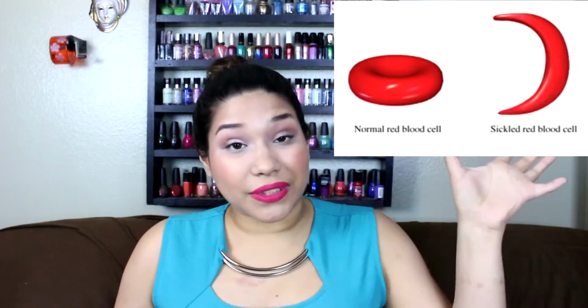Sickle cell disease is a disorder that causes the red blood cells to become misshapen or to break down, meaning that the sickle cells are in the shape of a sickle or a crescent moon. I will try to insert a picture of a sickle cell compared to a normal red blood cell. These sickle cells are shaped like a crescent moon and will cling to each other and cause blockages. Those blockages are what cause sickle cell pain and other symptoms to arise.